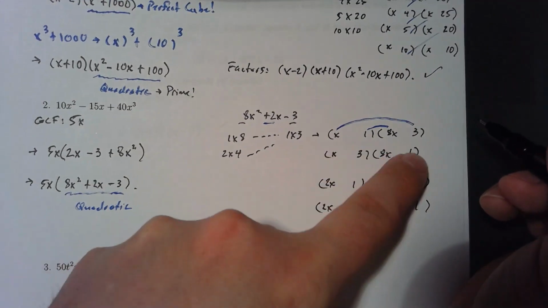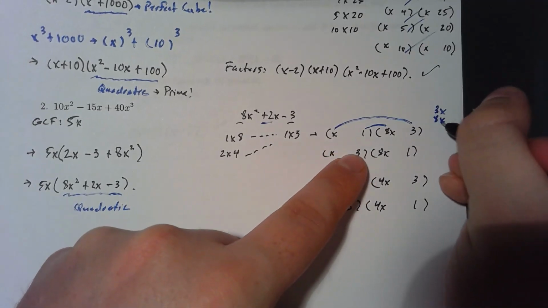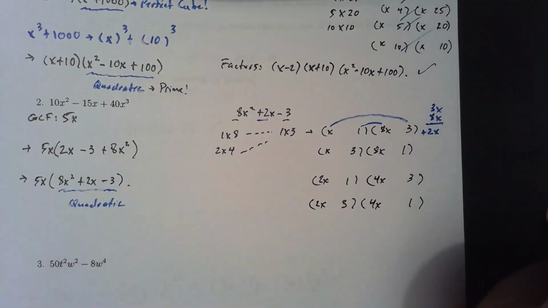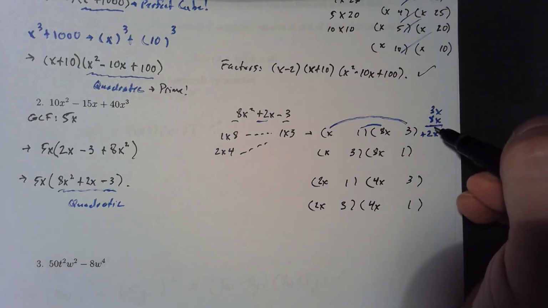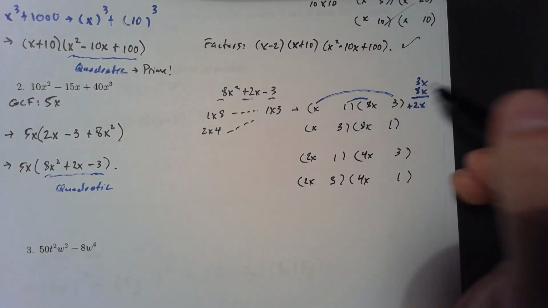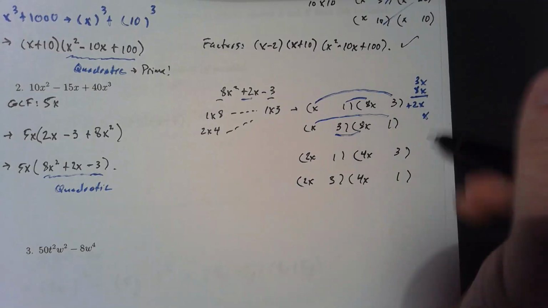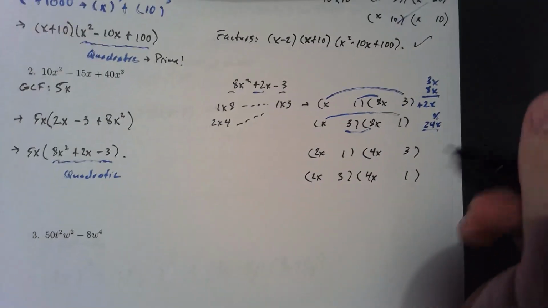So x and 3, that's 3x. 1 and 8 is 8x. Can I get positive 2x from that? No, it doesn't look like it. Because 8 minus 3 is 5, and 8 plus 3 is 11, so that's not going to work. What about this one? So that's x. This is 24x. No, that doesn't look good either.